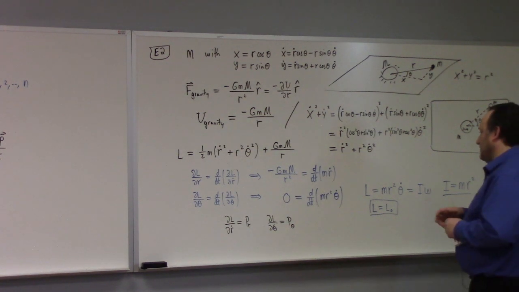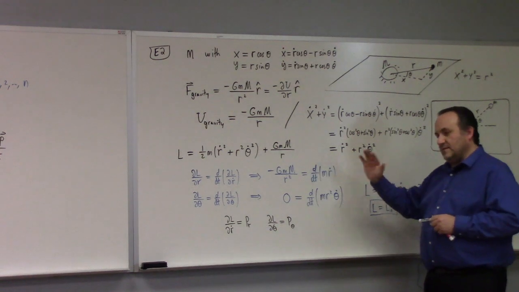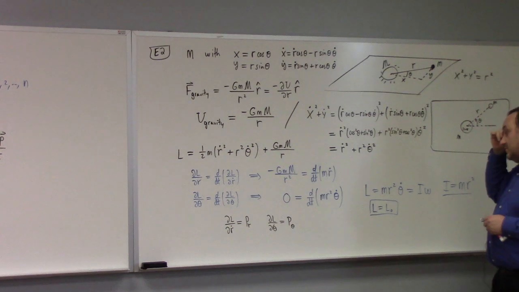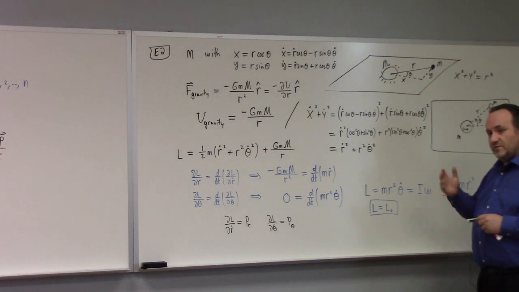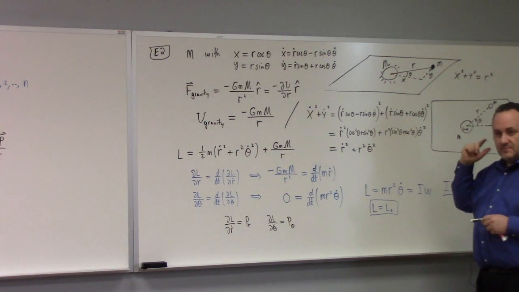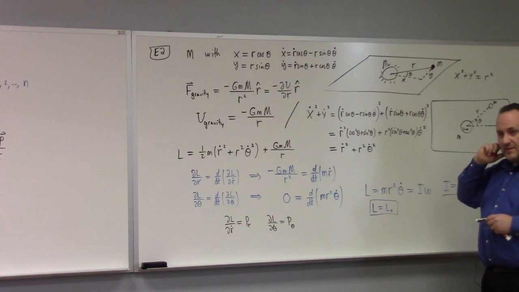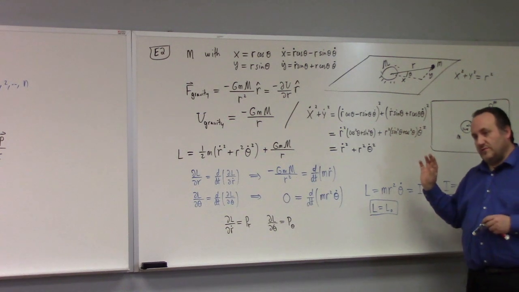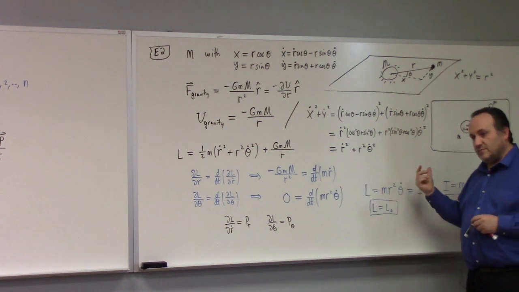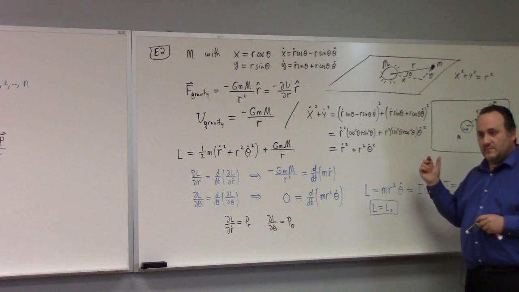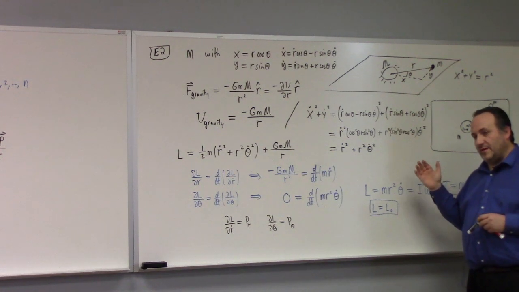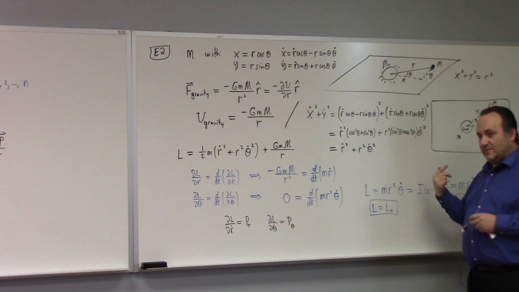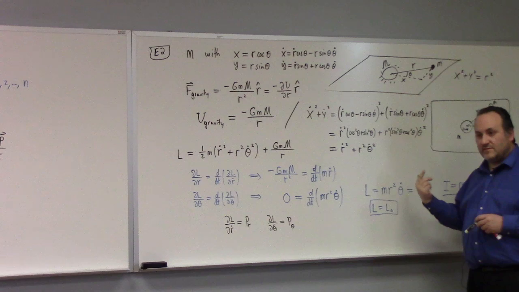If you study this, you can derive that the motion is a conic section, not necessarily an ellipse, which you can characterize by the eccentricity. It's going to give you hyperbolic motion, parabolic motion, or elliptical motion, depending on whether it's bound or unbound by the energy that it has.